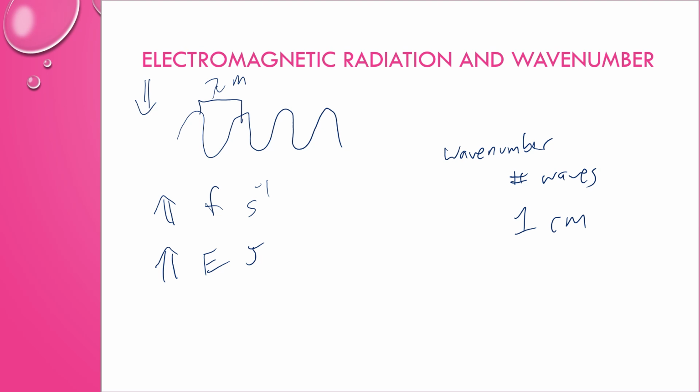This is a little different than frequency, which is the number of waves in a certain amount of time. So the unit winds up being inverse centimeters instead of inverse seconds. But it's very closely related to frequency. As wave number increases, frequency is increasing, wavelength is decreasing, energy is increasing.